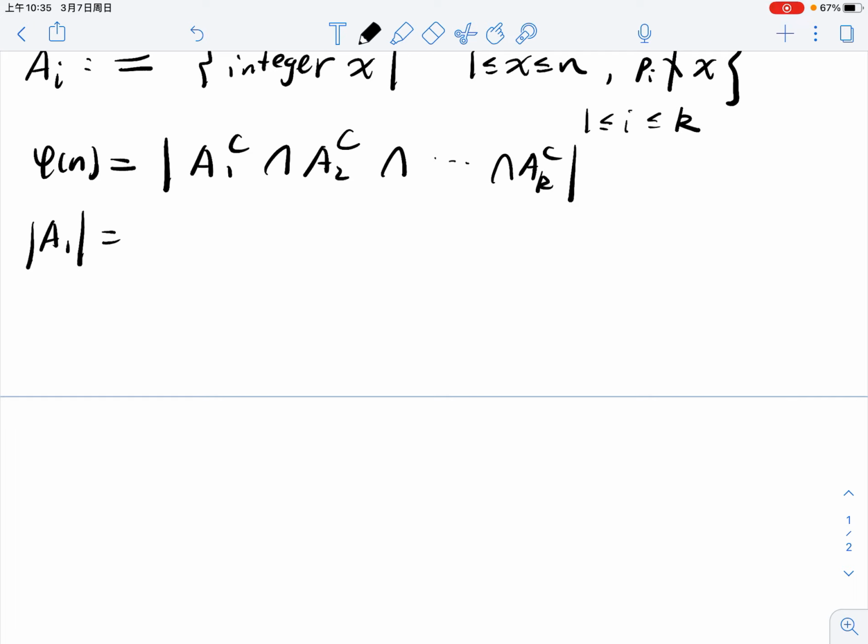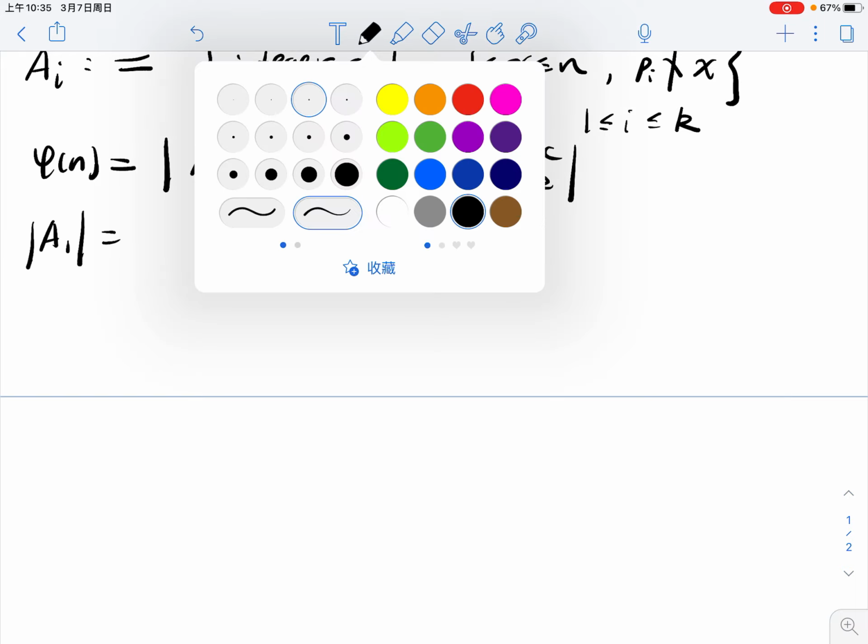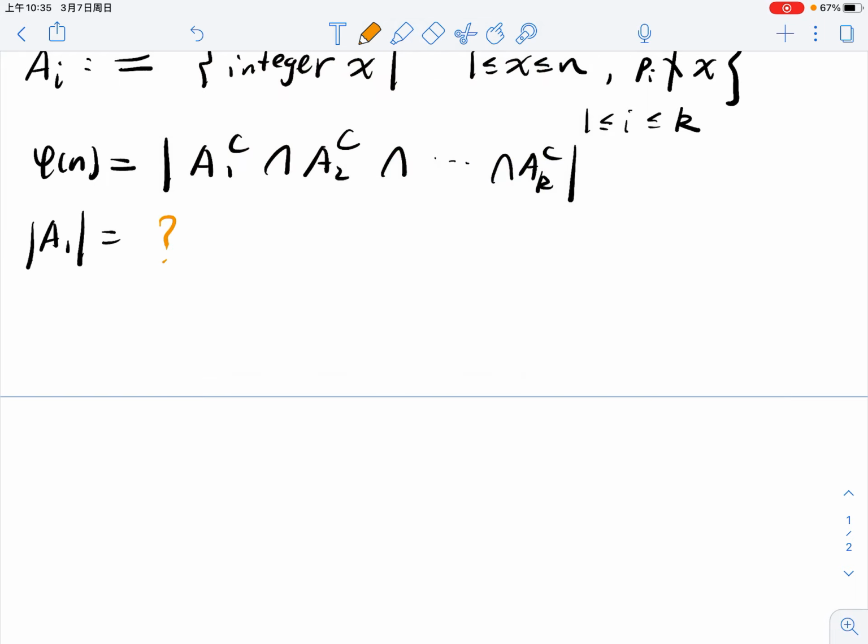For 1 intersection, note that for A1, you can enumerate all the elements inside it. It's p1, 2 p1, all the way to n divided by p1 times p1.